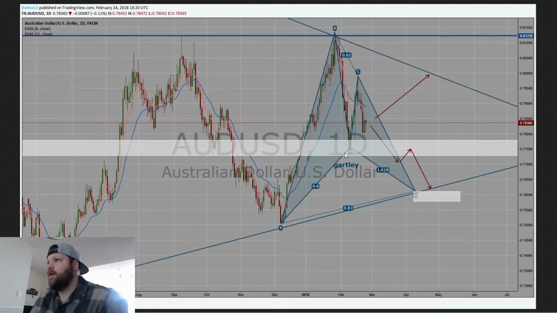Let's drop down. On the daily time frame, we do have a Gartley that completes right around the trend line level. And you'll notice with my harmonic patterns, I draw these boxes. That's because the pattern can complete inside of this box. This would be the highest price that the pattern could complete, and this being the lowest price that the pattern can complete.